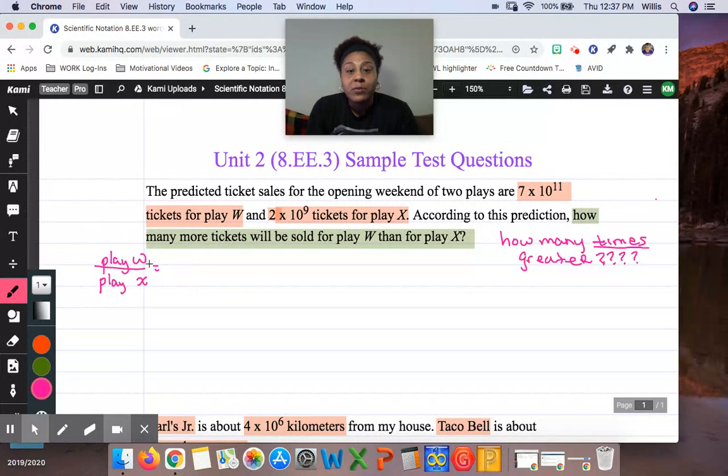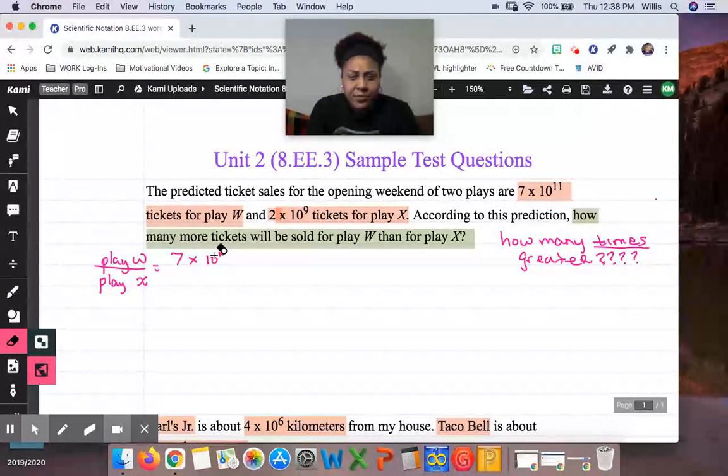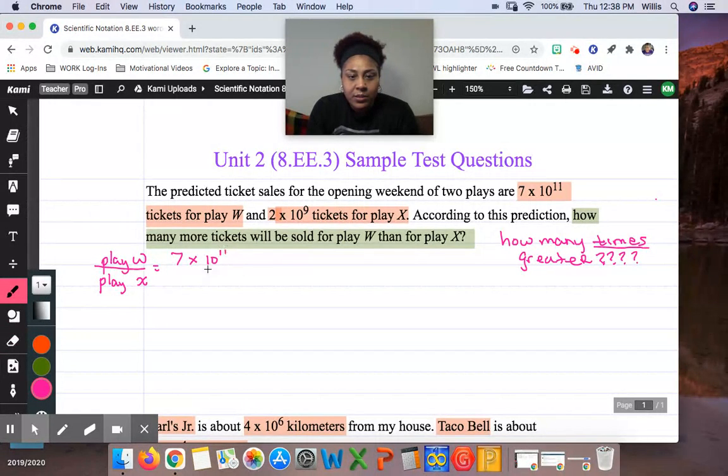So if play W is 7 times 10 to the 11, and these are tickets, and then play X, 2 times 10 to the 9.